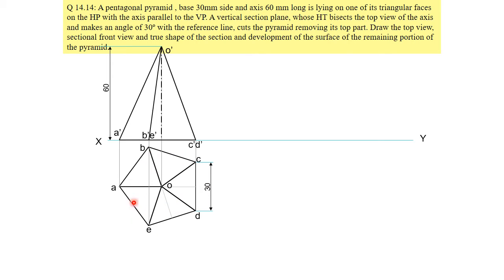So what do we have to do? How many triangular faces are there in the pentagonal pyramid? 5: 1, 2, 3, 4, 5. One of them is on the horizontal plane. So this triangular face COD we have to keep on the horizontal plane. How will you do this?